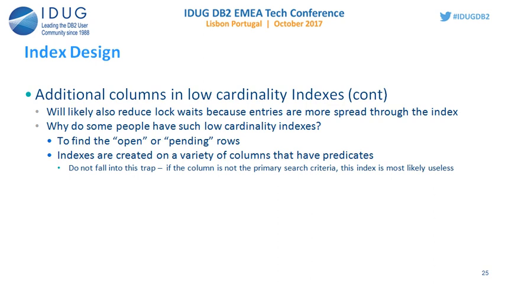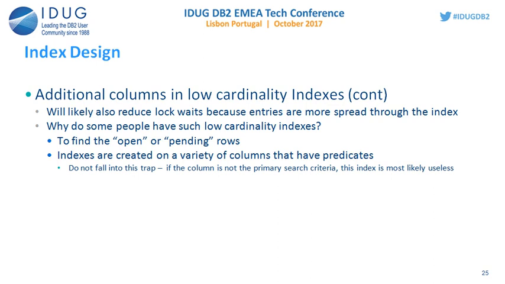There's also a good chance you're going to reduce lock waits. Because if you have a lot of concurrent inserts and updates to that table, all with the same status, and Db2 has to position it in the right spot within that chain, there's going to be locking and lock contention on that index.